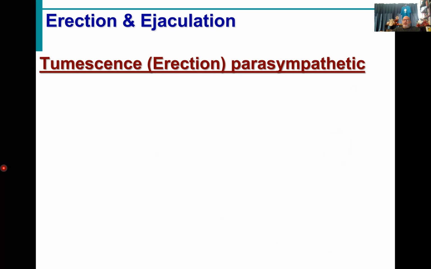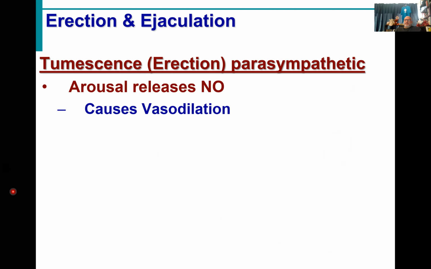Let's talk first about arousal, or the erection, or the state of tumescence. As I mentioned, becoming tumescent is a parasympathetic reflex. When a male is aroused from you observing his raphe or any other things, watching Game of Thrones or whatever it is that gets him going, that arousal by the parasympathetic nervous system causes the release of nitric oxide.